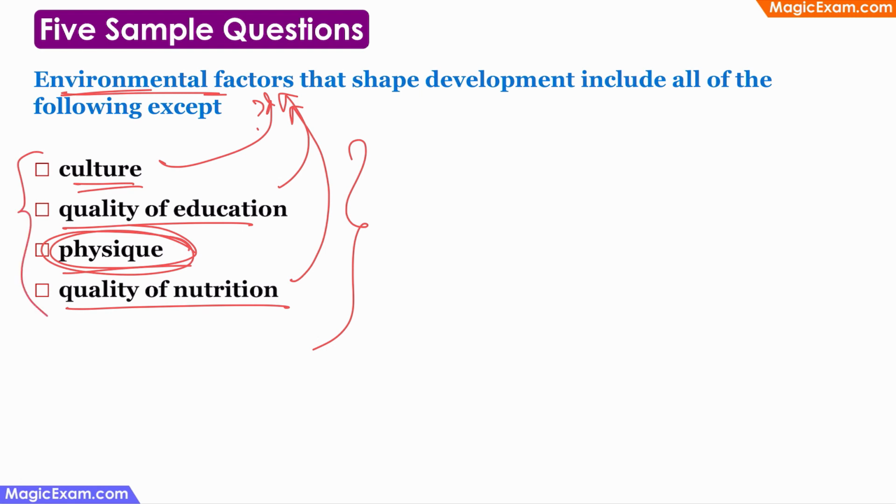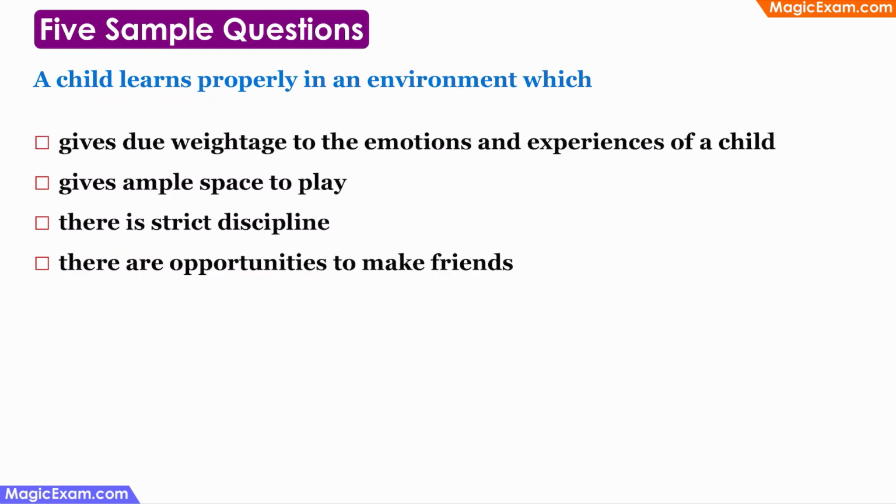A child learns properly in an environment which does which of the following. Now, I have chosen this question because if you read through the options, at least 3 of the options are correct to some extent. So we have to identify the best among the 3 options. Now, the one option which is there is strict discipline, this can be eliminated because very strict discipline is not good for bringing up a child.